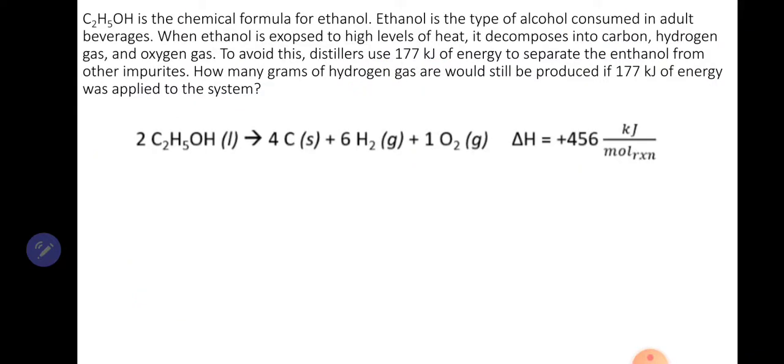All right, final question, and then that's it. So we've got this guy right here. This is called ethanol. It's a type of alcohol that they use in alcoholic beverages. But if ethanol is exposed to high heat, it's going to break down or decompose into these elements. Well, since we don't want that to happen, distillers use 177 kilojoules instead of 456.